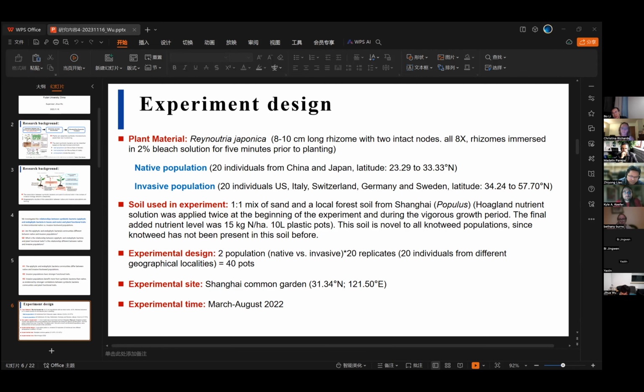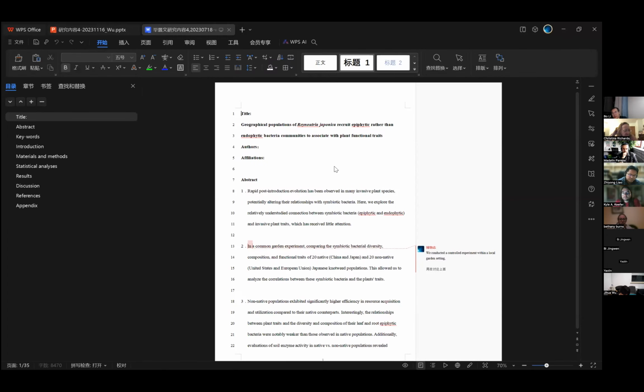So we should consider this a limitation of the garden experiment. If we had parallel experiments both in native and introduced ranges, then you can directly make comparisons. But in this case, we should consider the limitation of our garden experiment that was just conducted in a single site.